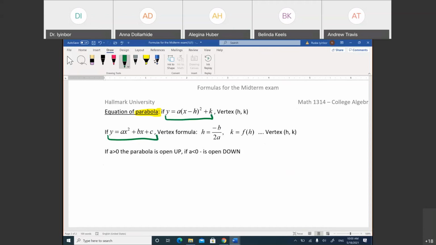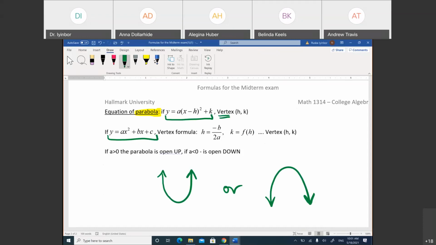This is standard form, and this is vertex form. I'm sorry, not slope-intercept, this is vertex form. Now, let me show you how the parabola looks. So the graph of a quadratic looks like this, or looks like this. So this is the graph of a parabola, the graph of a quadratic function.